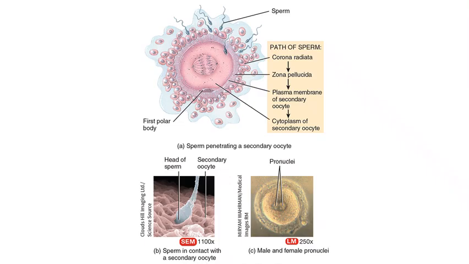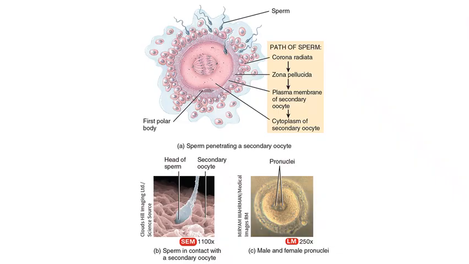Of the 200 million sperm that get introduced into the vagina, fewer than 2 million, 1%, will reach the cervix of the uterus, and only about 200 total will reach a secondary oocyte. And fertilization will normally occur in the uterine tube, usually within 12 to 24 hours after ovulation.